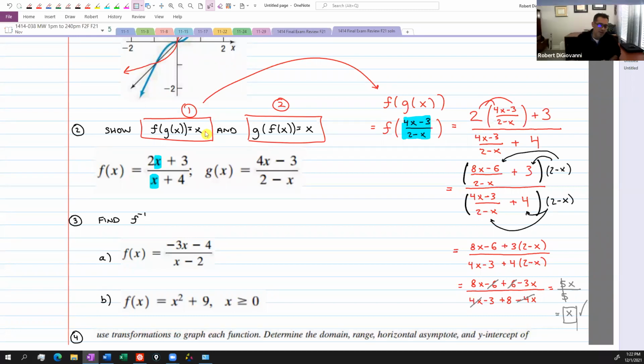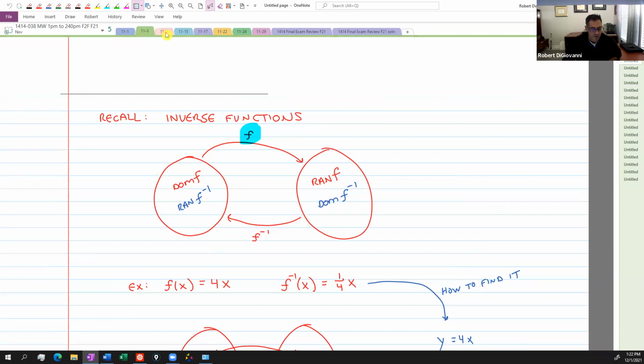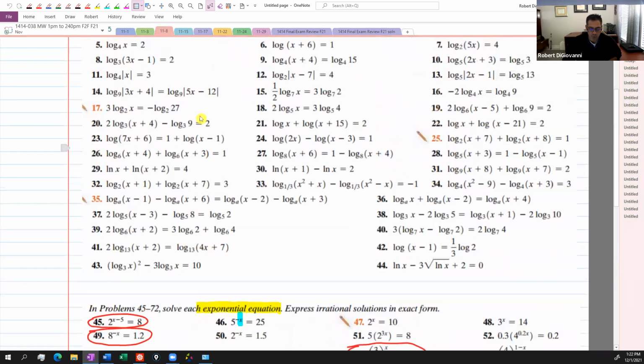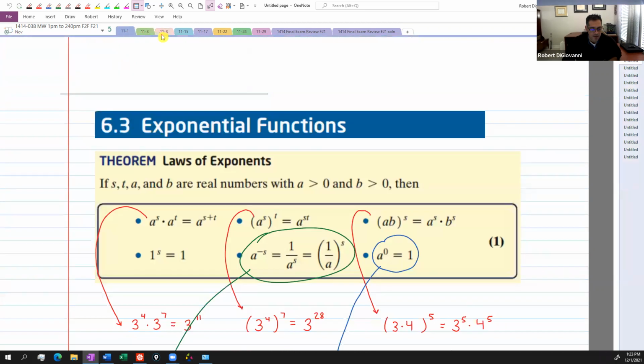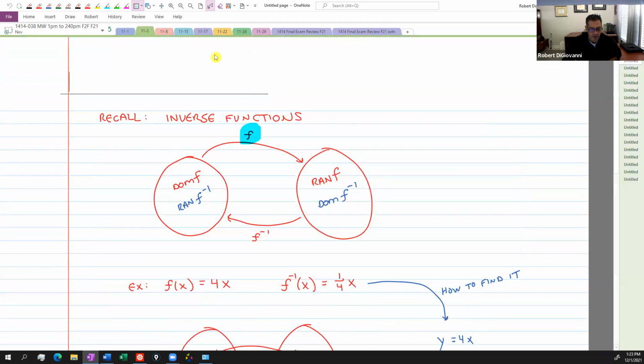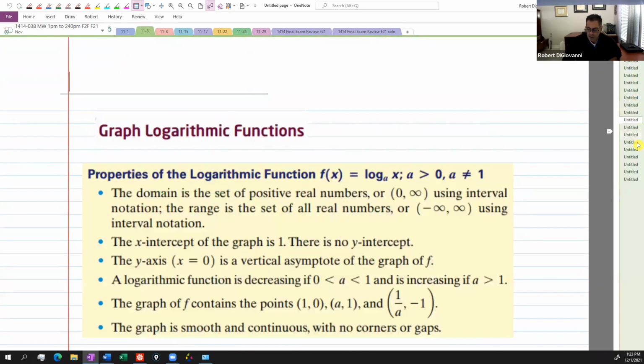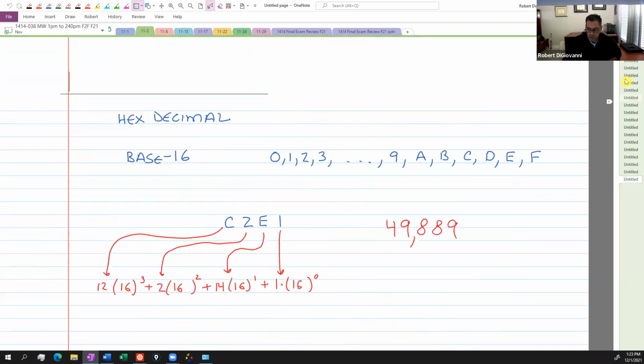So the way I would use this review, of course, go through the review. But what I would do is look at this problem. After you've done the review, if you want to study more, go back to our classes, our lectures, and look at where that was. Where did I talk about this? Hold on.